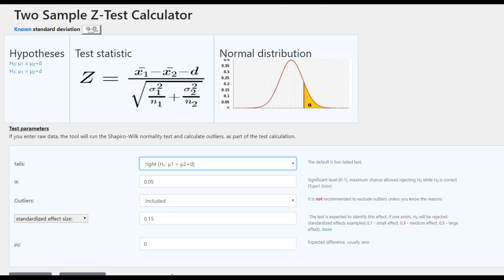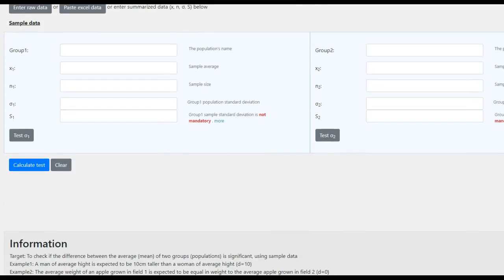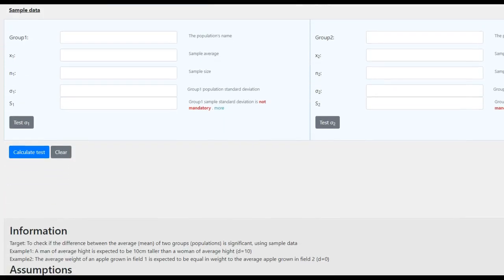Once we have our parameters set up, let's go ahead and enter our sample data. For group 1, I'm going to say this is wax 1, just to give it some label, and group 2, we'll say that's wax 2. For wax 1, our mean number of months that it lasted was 3.